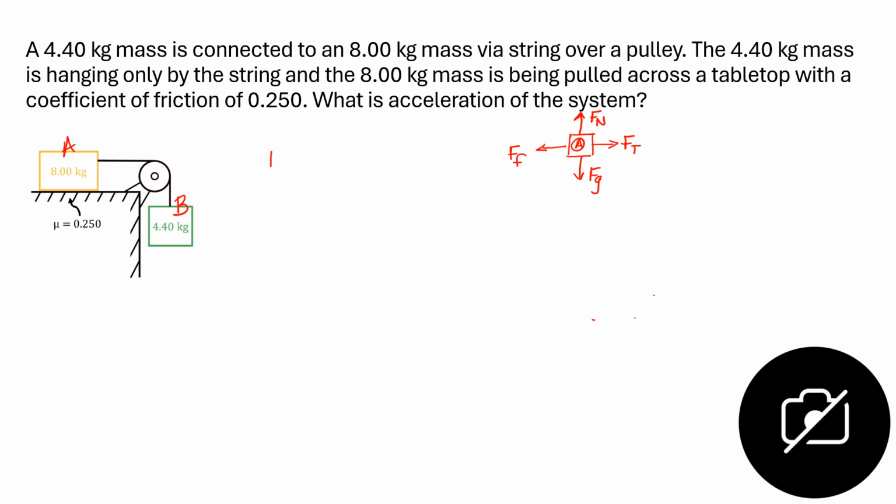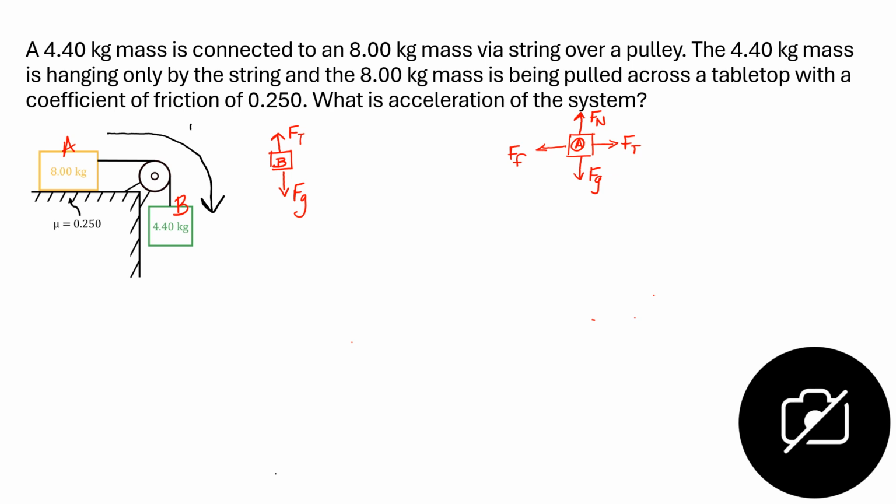Object B, we've got the force of tension going up and the force of gravity going down. When you have a pulley problem, it is very important that you figure out the direction of motion. So in this case, box A is going to travel this way, and the general direction of motion is like I've drawn in black.